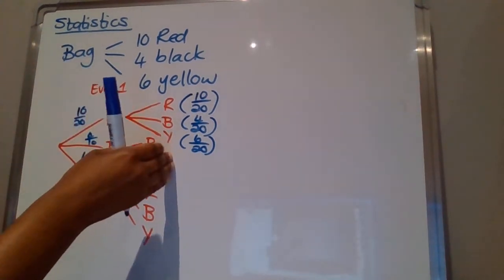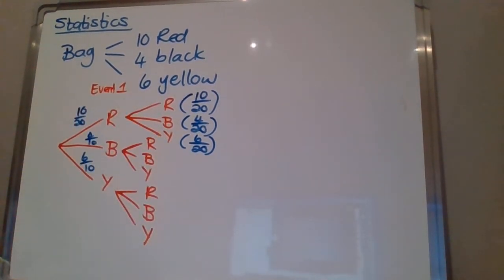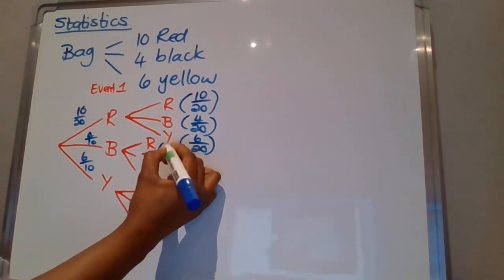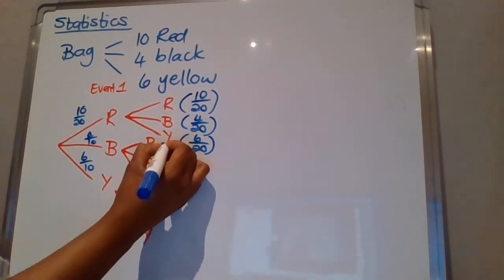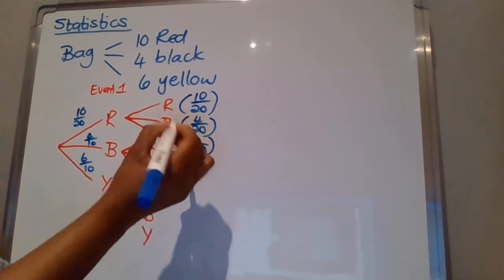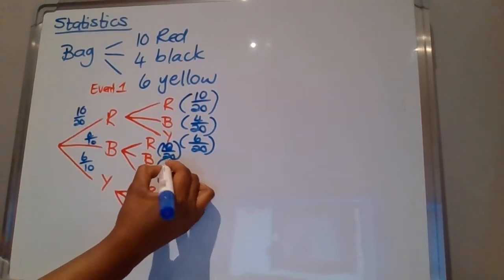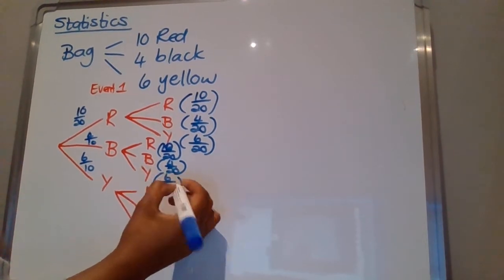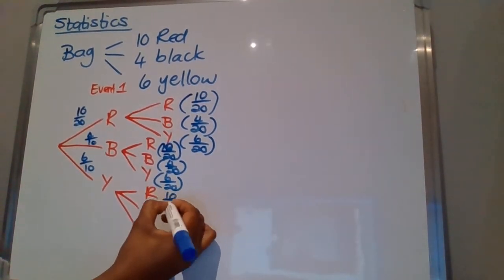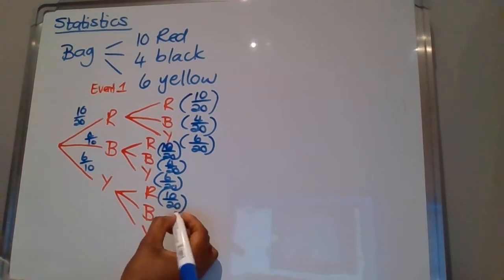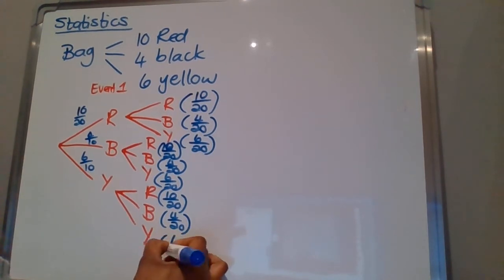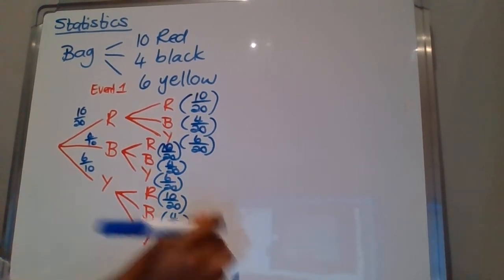And it's going to be similar for all of these other remaining branches. Okay, 6 colors, 6 balls. So it's 10 out of 20, 4 out of 20, 6 out of 20. Okay, same thing here, 10 out of 20, because I'm replacing my balls. Okay, 4 out of 20. And then with my yellow, it's 6 out of 20.